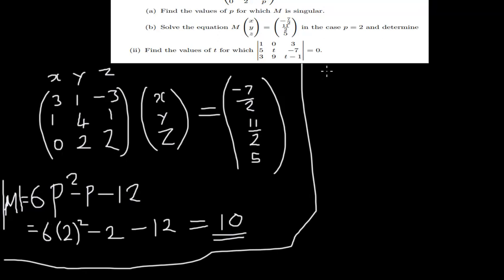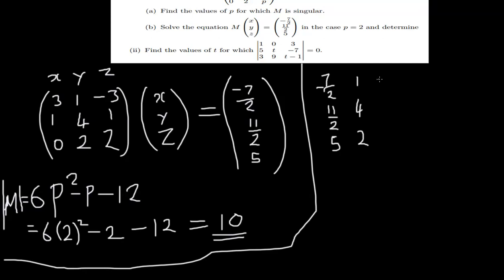So I'm going to write this side: negative 7 over 2, then 11 over 2, and then there is a 5 there. Apart from that, let me just copy the remaining numbers: 4, and then we have a 2 there.